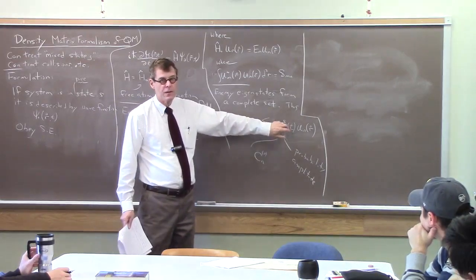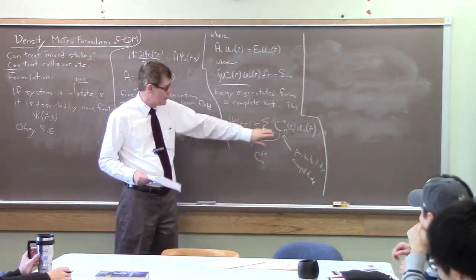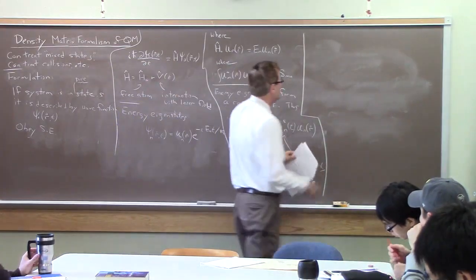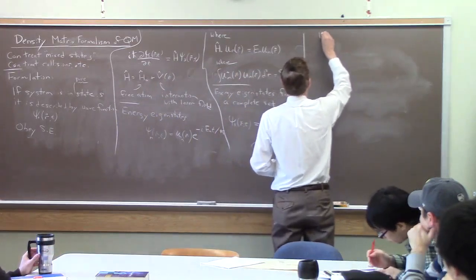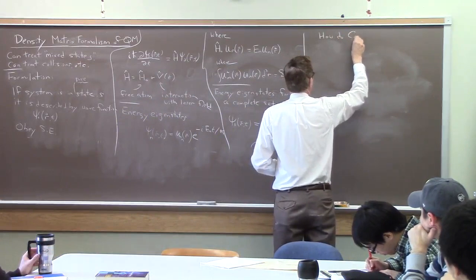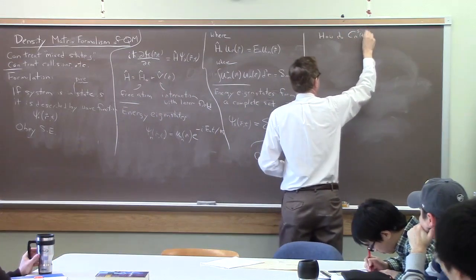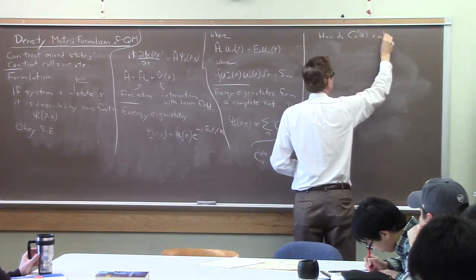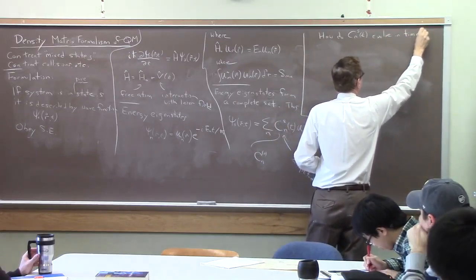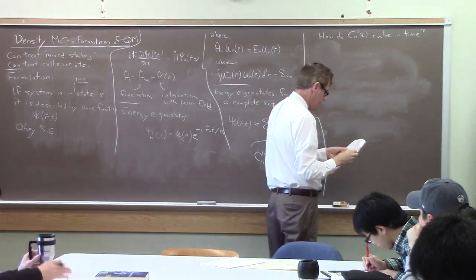And very often this is a more convenient way of proceeding, to ask how do these evolve in time. Okay, so how do the c_n^s evolve in time?